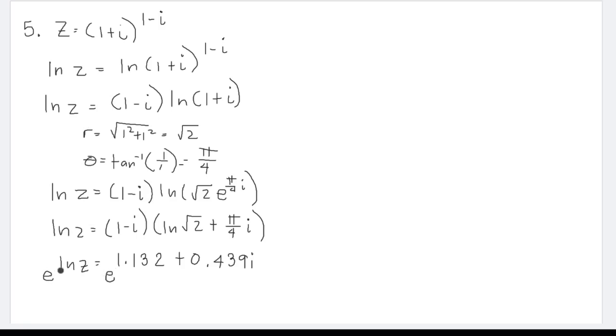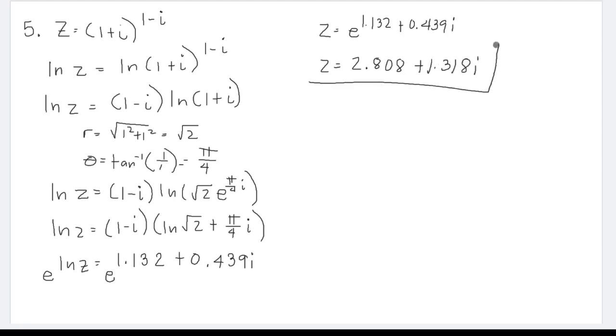So this will result to c is equivalent to e raised to 1.132 plus 0.439i. And this is equivalent to 2.808 plus 1.318i. So this is the final answer for number 5.